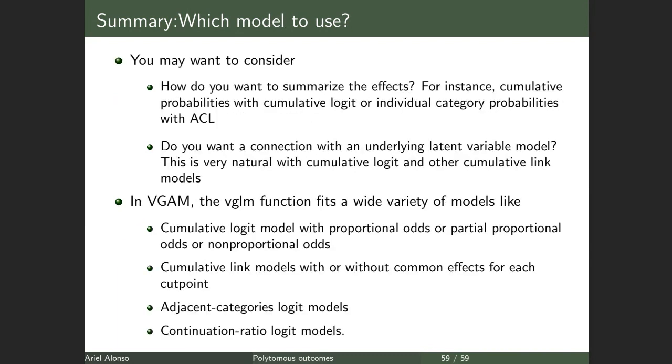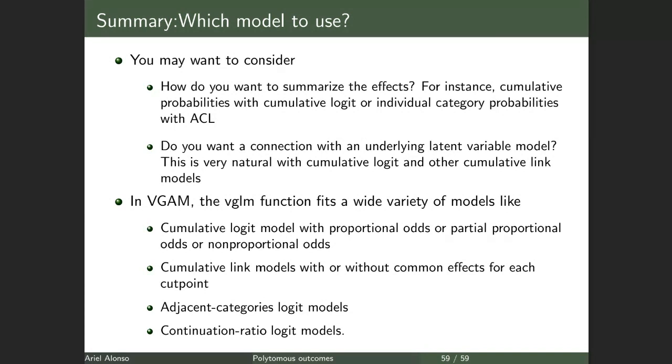And if you can use different models, for instance, you may have a situation in which you can use the ACL model or you can use a cumulative link model. Which one should you use? Well, then you need to think about what you want to do. For instance, do you want a connection with an underlying latent model? Do you want to have that interpretation?